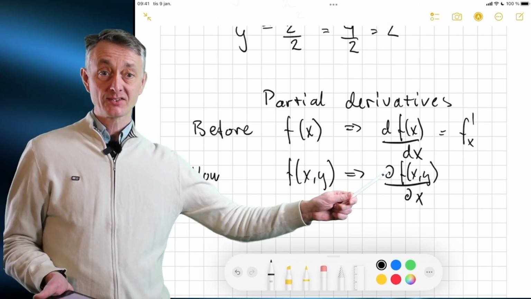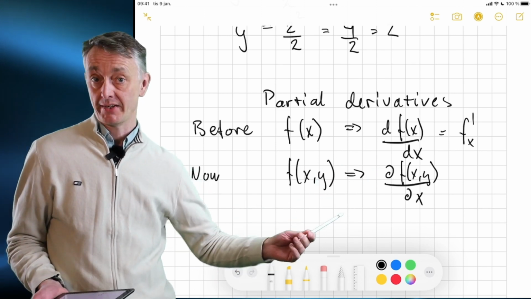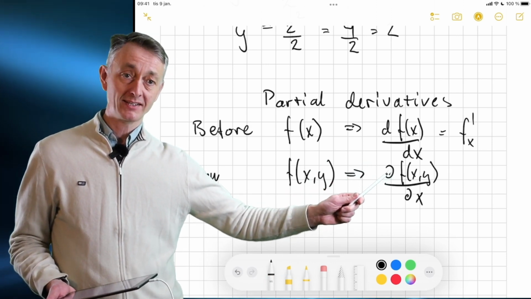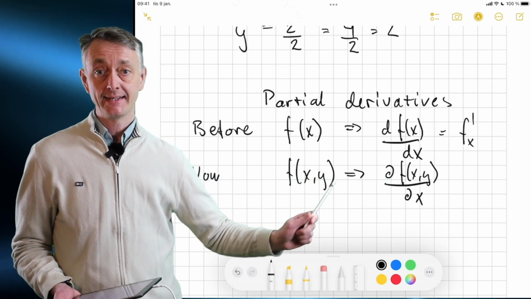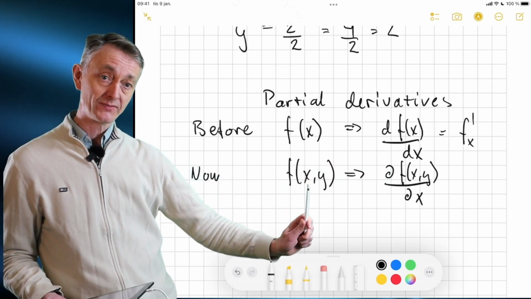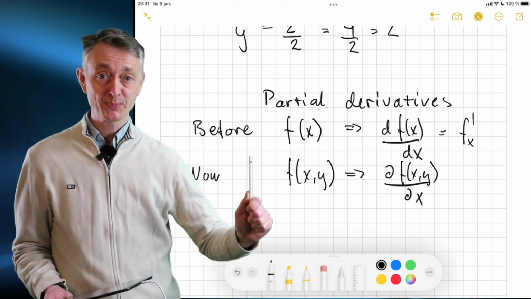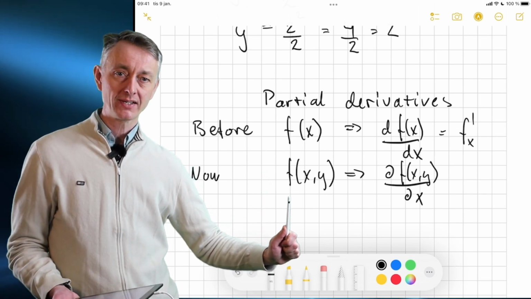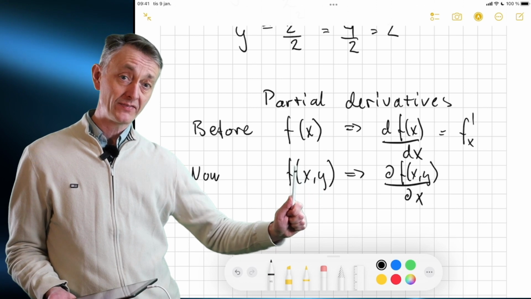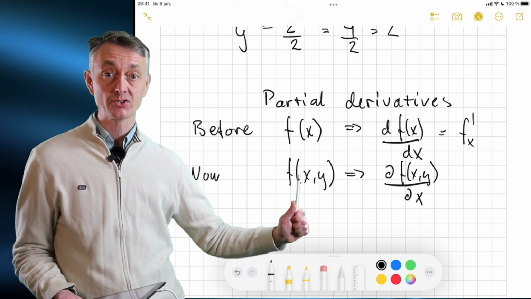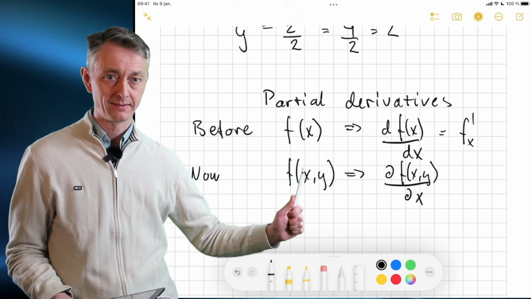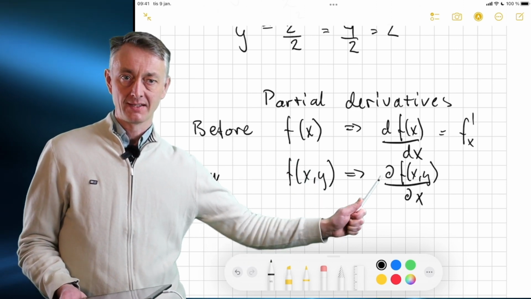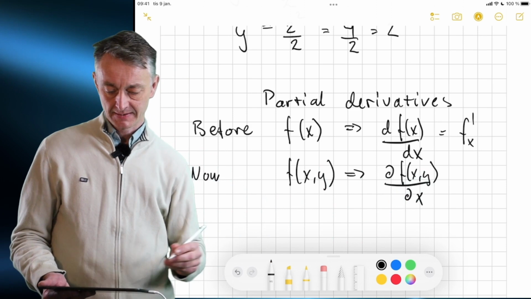Now, this is called a curly d. I know it sounds silly, but it's called a curly d. The only point of writing the curly d instead of the d is that since we have a function of two variables, we want to be super clear that this is a partial derivative. That is, we are looking at how much the value of the function changes when we change only x, holding y constant.